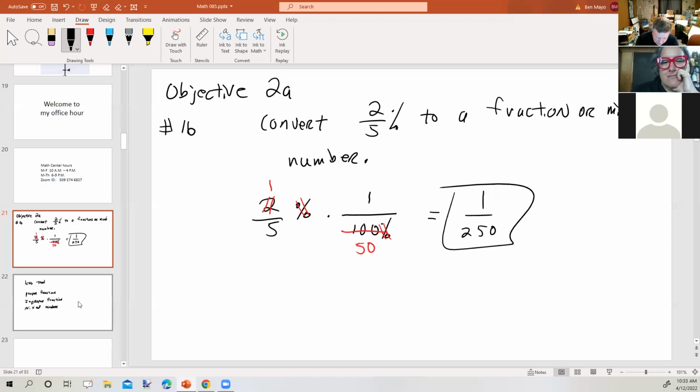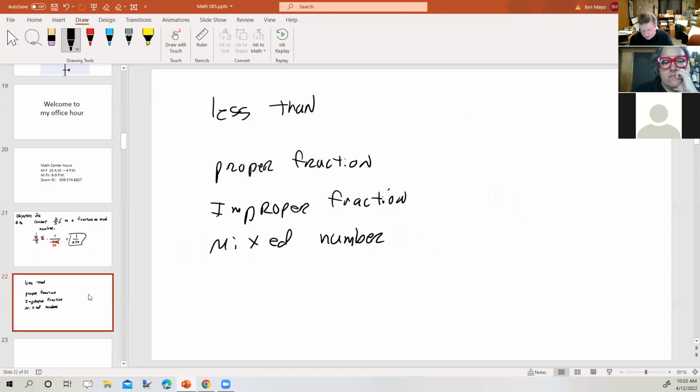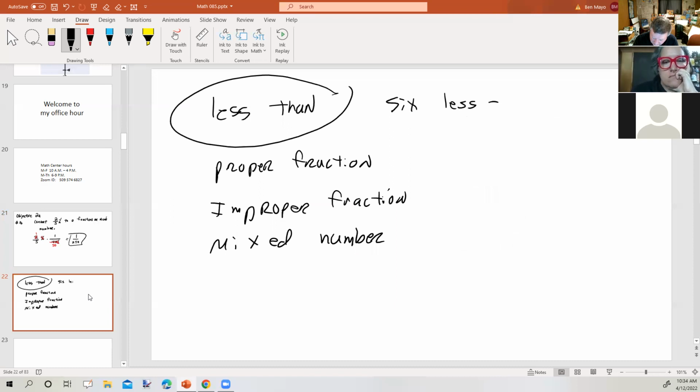Okay. I want to talk ever so briefly about your test. I haven't finished correcting all of them. I've looked at about half of them, but these were things that I noticed students missed a lot of problems because they didn't follow the directions. A lot of you missed a problem that was something like, let's say, 6 less than 3 times a number.